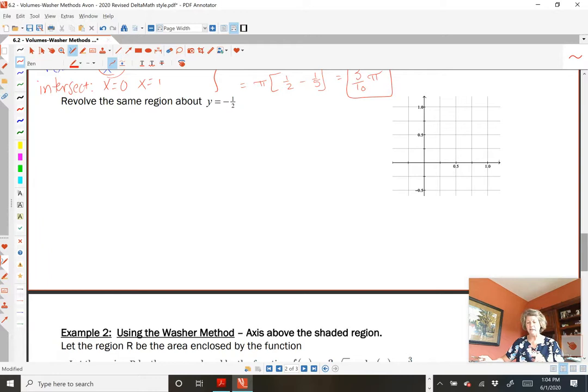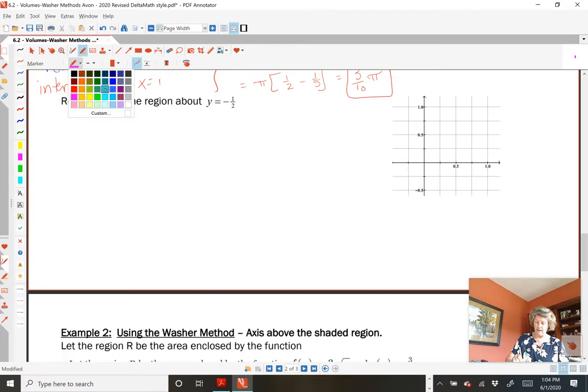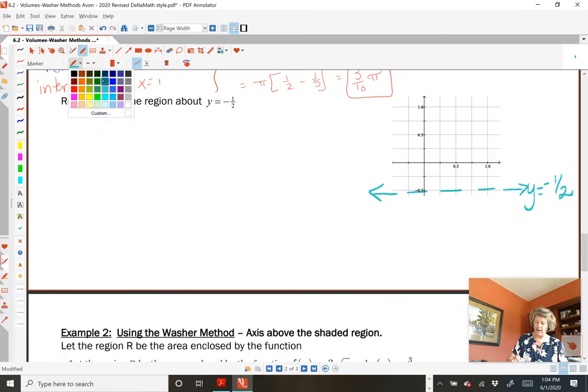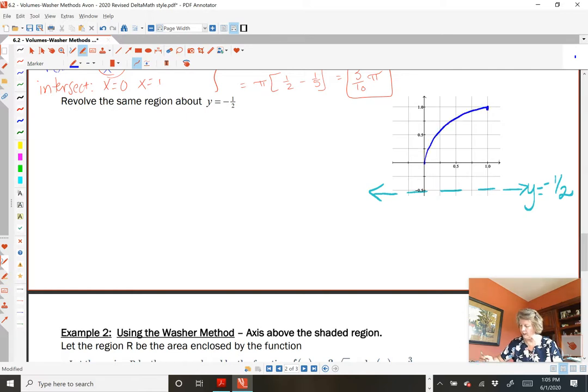Okay, the next one says we're going to revolve about a line y equals negative 1/2. Let's draw in our axis of rotation down here at y equals negative 1/2. And then let's put our functions on. We had 0, 0 to 1, 1.